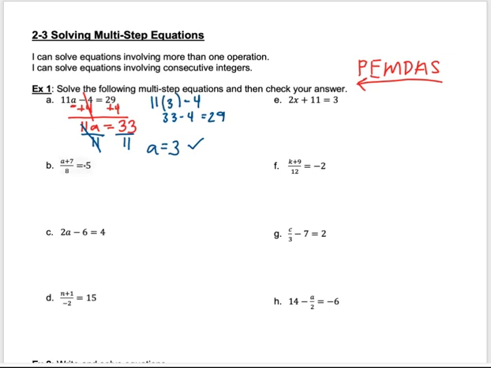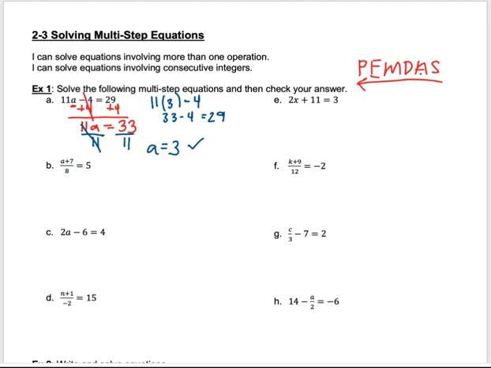Okay, for the next one, I have a plus 7 divided by 8 equals 5. Now let's talk about what's happening in this equation when I think about my order of operations and working them backwards. If I just look right here, I see that I have plus 7 and I have divided by 8.